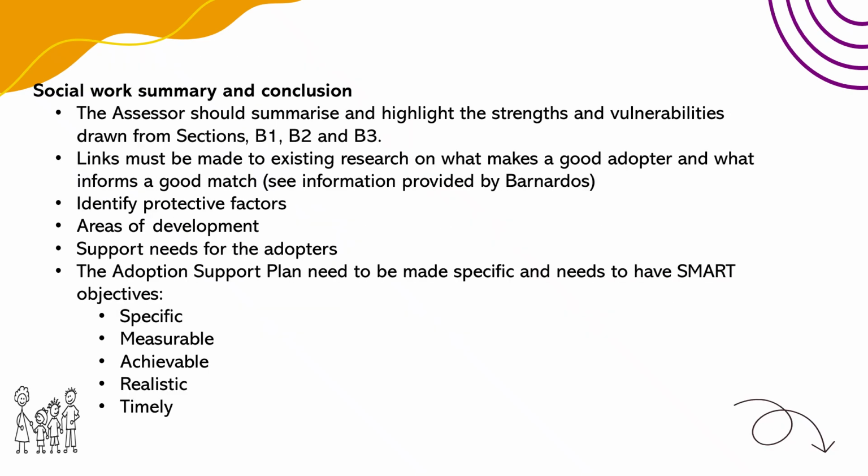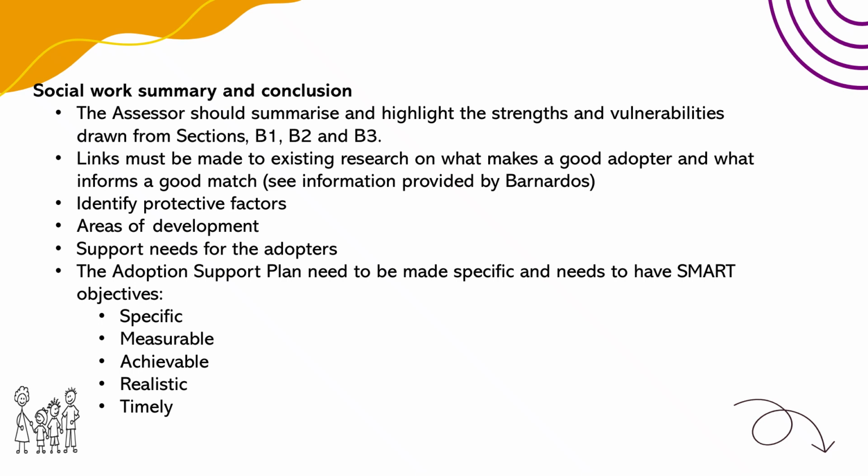So as the assessing social worker gets to the end, what they have to do is summarise and highlight the strengths and vulnerabilities which are drawn from sections B1, 2 and 3 on the R. There is an expectation that the assessing social worker will make reference to existing research, and also we'll think about how that informs practice in terms of matching.